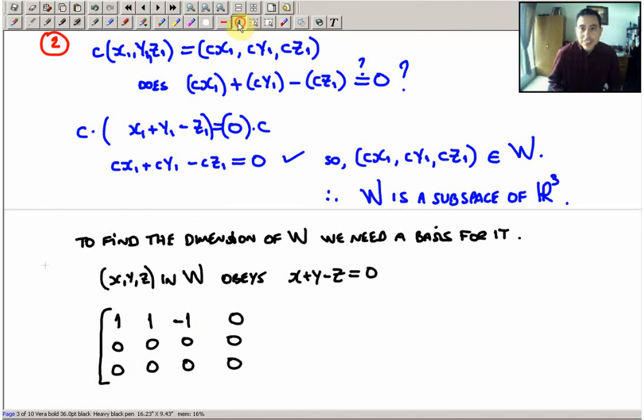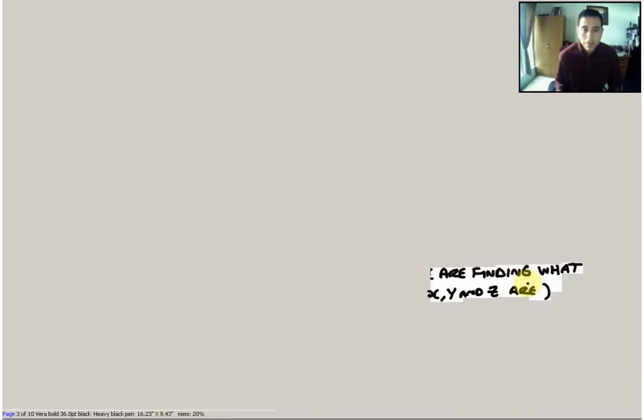So that equation by itself is this system. We don't have c's here. We are trying to find the x, y, and z, okay? We are finding what x, y, and z are.